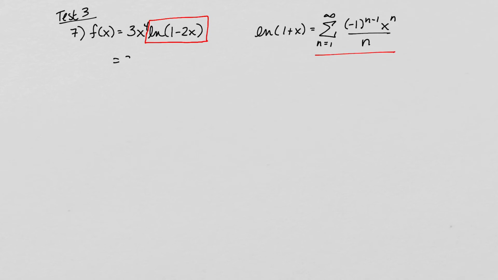So this is going to be 3x to the 4th, the summation, n equals 1 to infinity, and then the only difference between what I have here in red and over here is that instead of a plus x, I have a minus 2x. So that's all we had to do: wherever there was an x, instead of x, we just put minus 2x to the n all over n. So does that make sense so far?